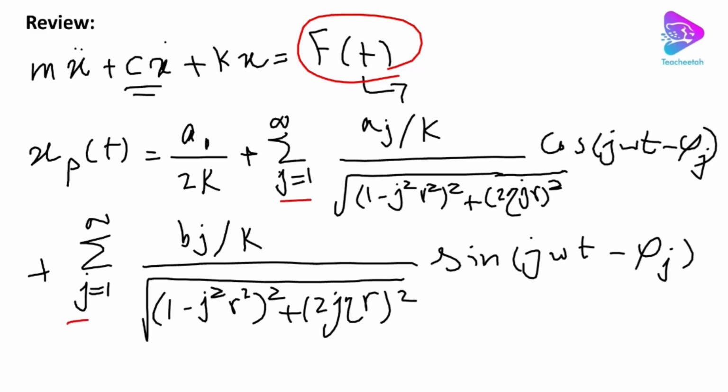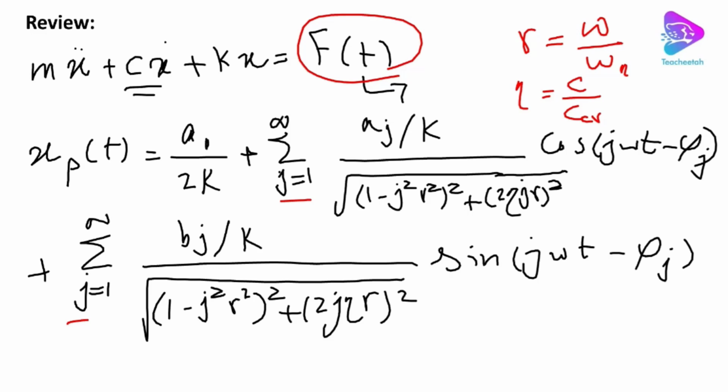And I should mention that as you can look into these equations, everything is clear. We know r, which is basically omega over omega n. We know zeta, which is our damping ratio, c over c critical, and c critical we can find based on k and m.